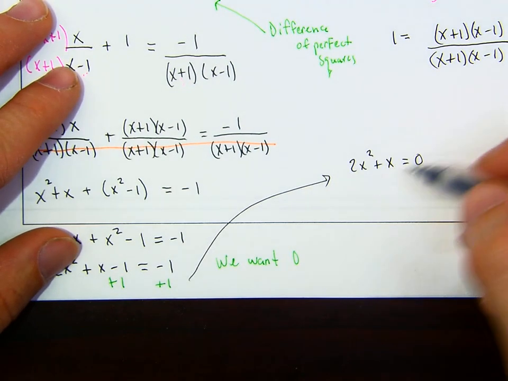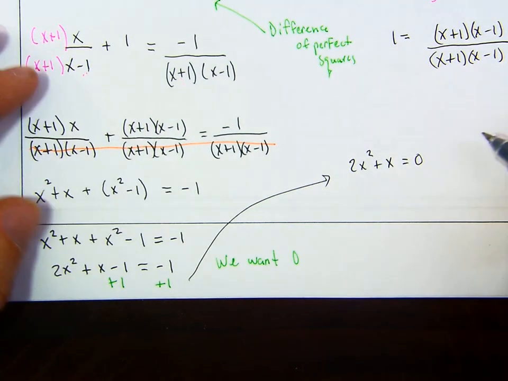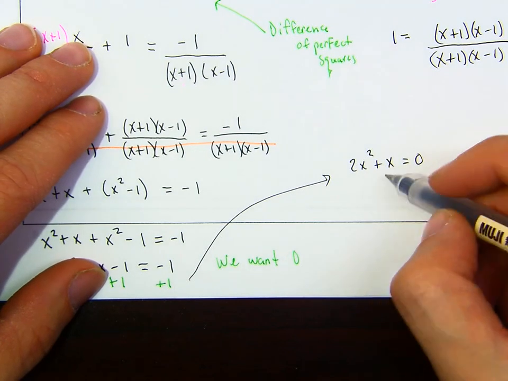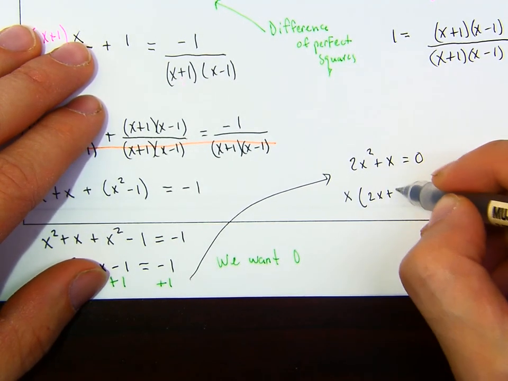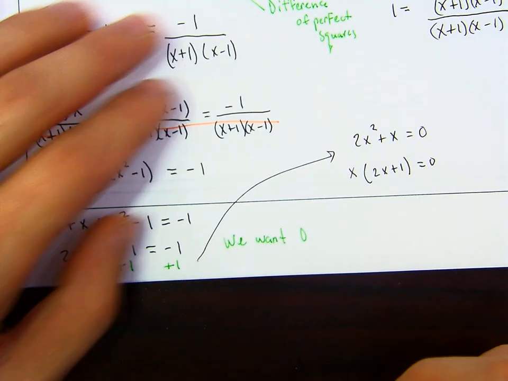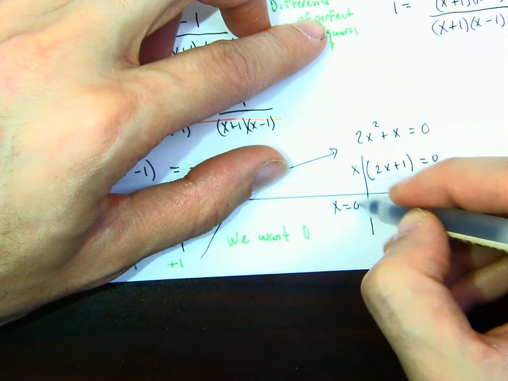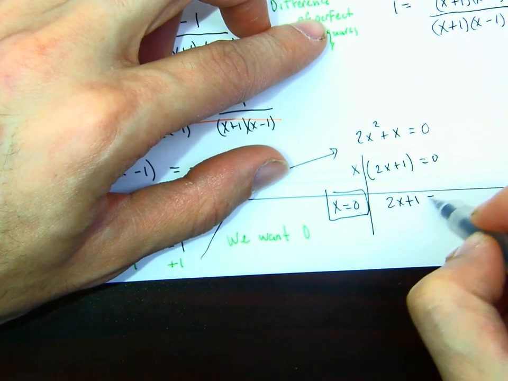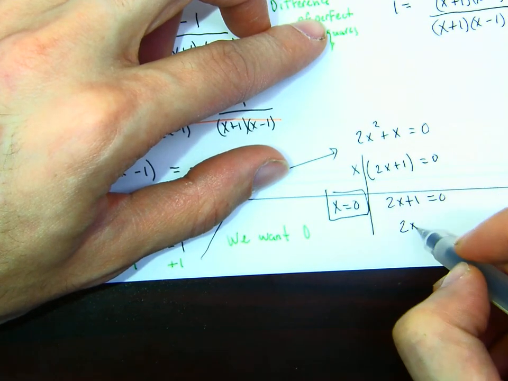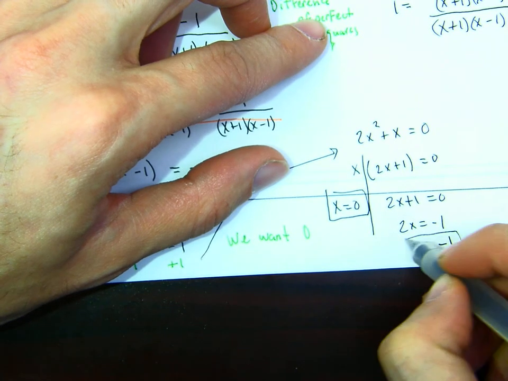And now how do you solve for this, right? You've got to take your time. What are your factoring skills? Okay, so what's the greatest common factor? It's x. So this is x times 2x plus 1 equals 0. So now, once you have this, you could say x equals 0. And what's the other one? You have 2x plus 1 equals 0, 2x equals minus 1, x equals negative a half.